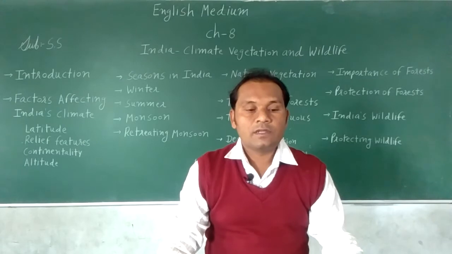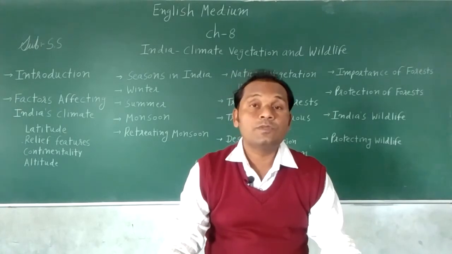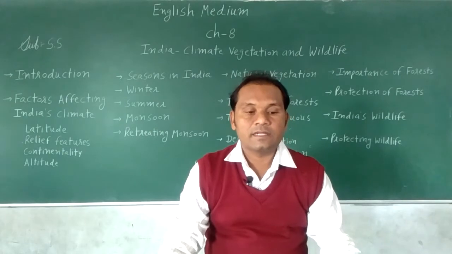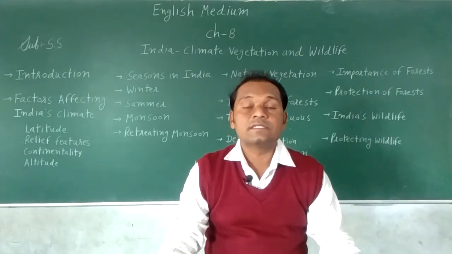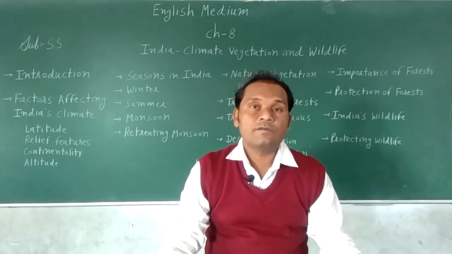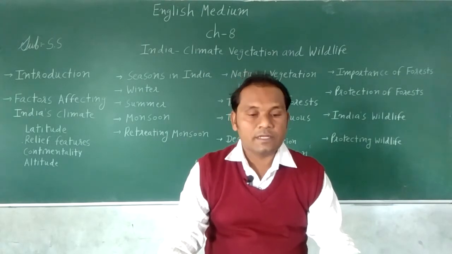In India, they are found on the slopes of the northern plains, the Western Ghats, the hills in eastern India, and the Andaman and Nicobar Islands. These forests are green throughout the year.